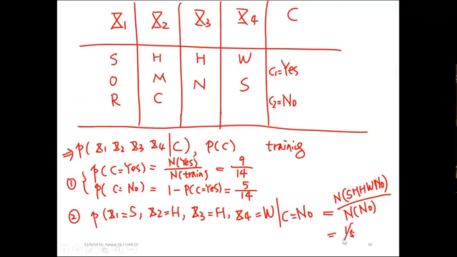Okay, who has a question about this process? Because I have to do this for all the possible combinations of each possible value for each random variable, how many cases do I need to estimate from data?